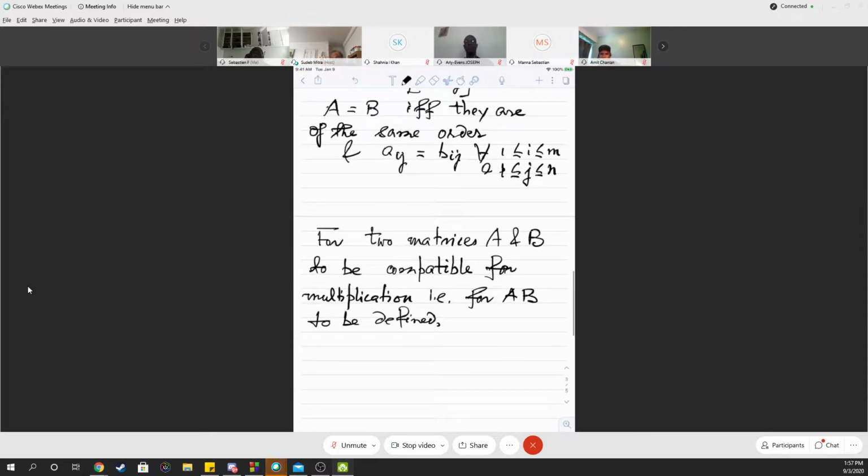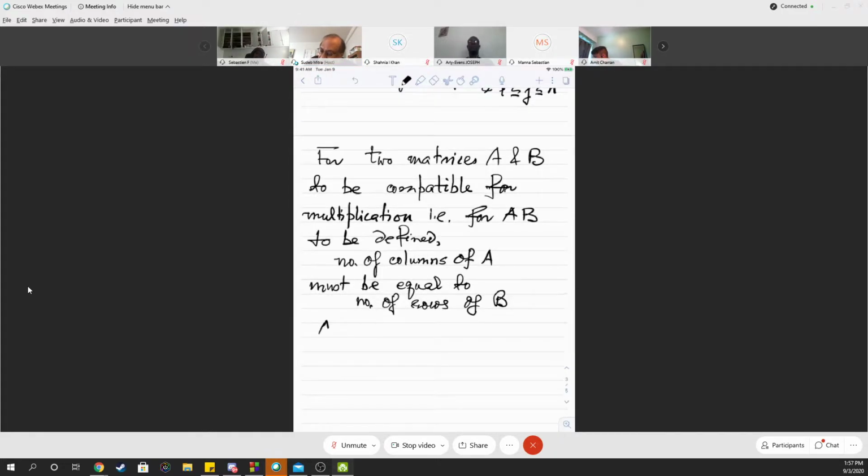there's a strong condition. Number of columns of A must be equal to number of rows of B. So it's like this.